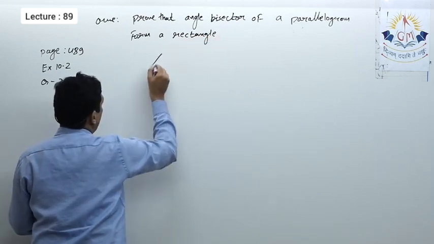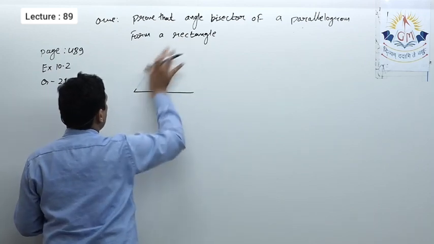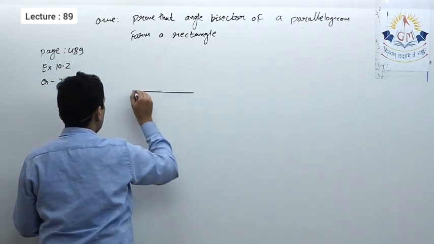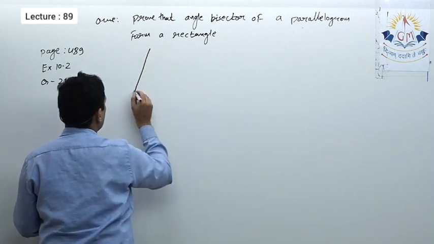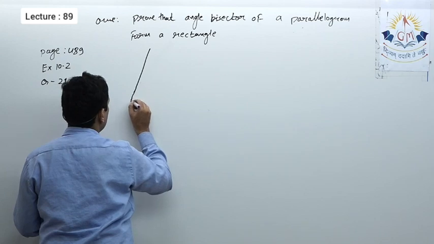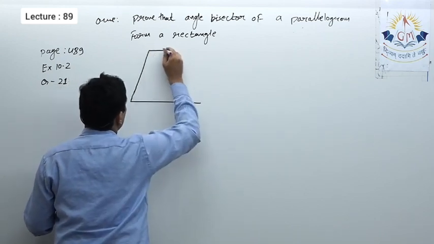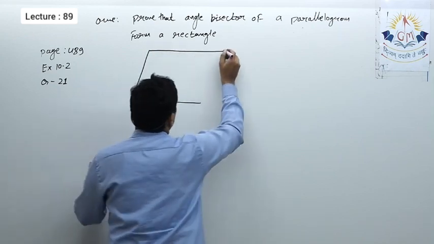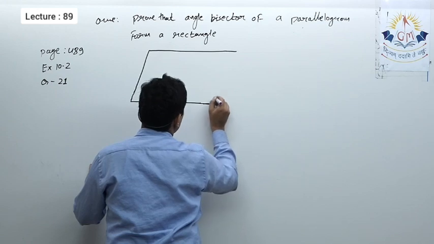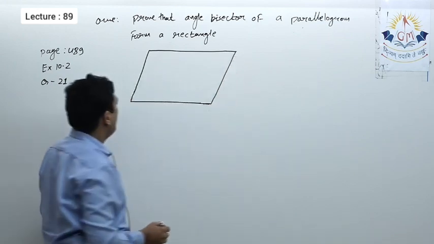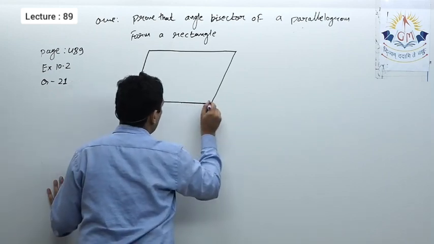So we have a parallelogram. A parallelogram is given, and we have to prove that if we draw its angle bisectors, then the quadrilateral that we get will be a rectangle. That we have to prove.